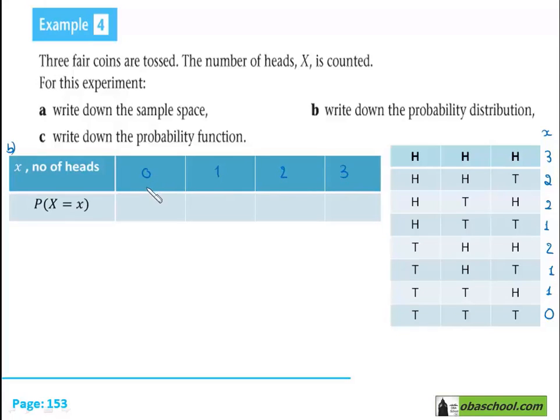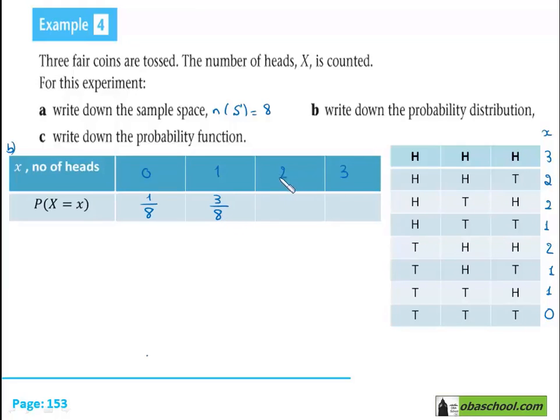Now we have to write the probability for each outcome. We count how many times each value appeared over the total of outcomes. The total number of the sample space is 8. So here we write the number of the sample space is equal to 8. How many times did the 0 appear? It only appeared once, so 1 over 8. How many times did the 1 appear? The 1 appeared 3 times, so 3 over 8.